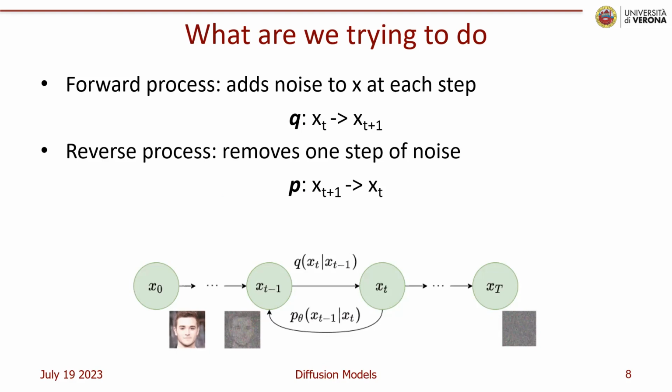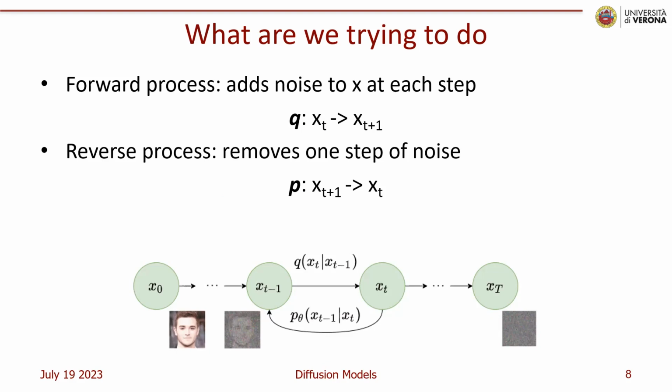What we want to train is a model that approximates this P theta function, or P function, which basically does one reverse step. So we're trying to get from an image xt to an xt minus 1. Imagine from this to this, one step at a time. So what we are actually training is a model that's predicting the noise that we are going to add at each step.